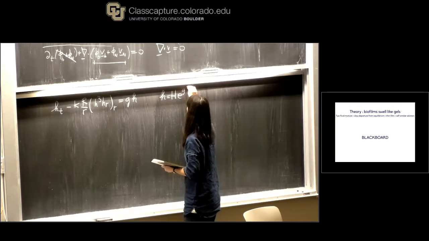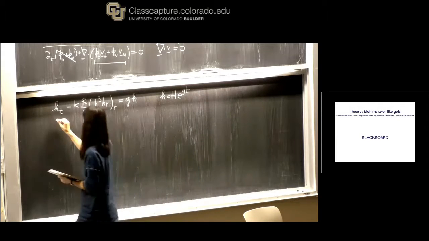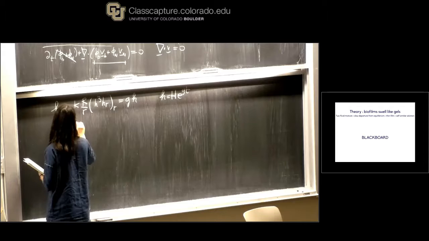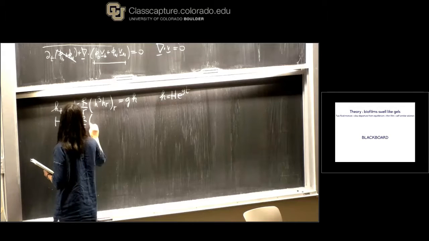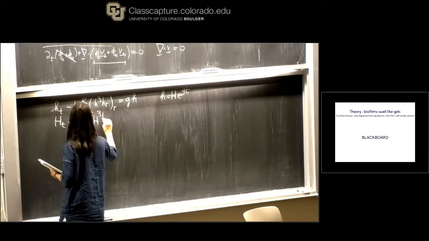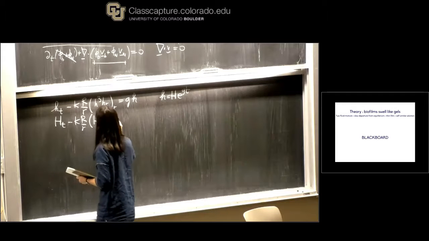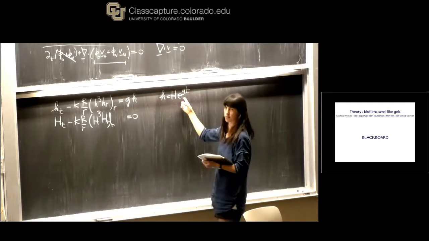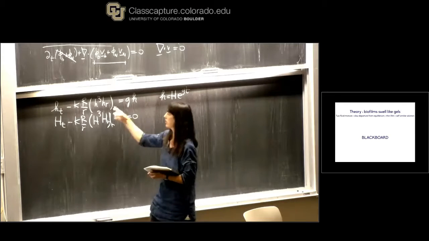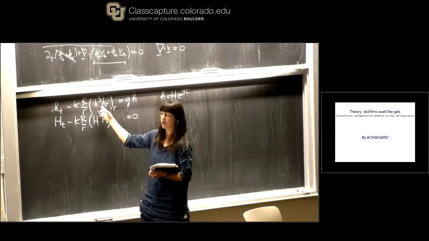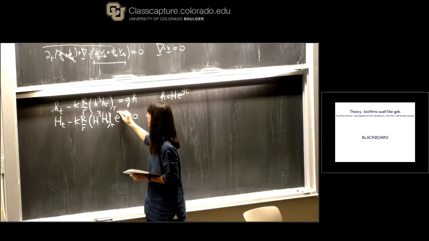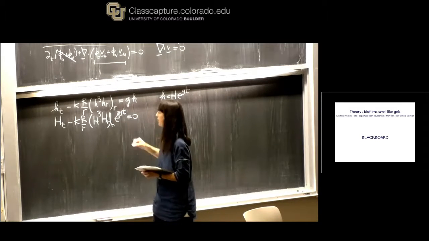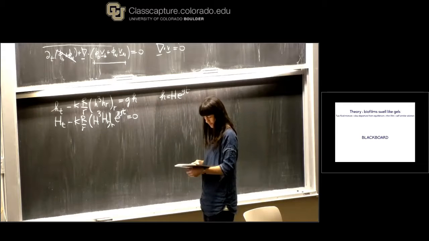So if we write it down with H, and now I have to put the right number of exponentials. I have 1 here, and 4 here. So 3 remain. Good?